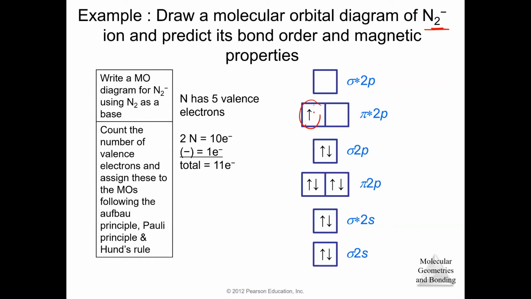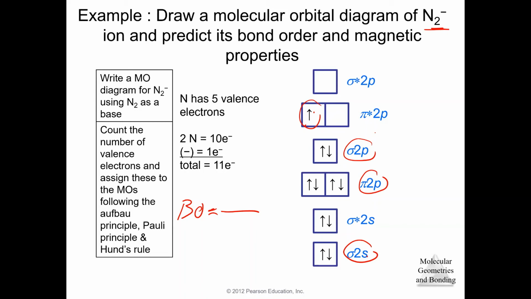Can you calculate the bond order for this? Bond order is equal to bonding electrons minus antibonding electrons, divided by 2. How many bonding electrons do you see? This is a bonding electron, this is a bonding electron, and this is a bonding electron. The ones that don't have stars are bonding.